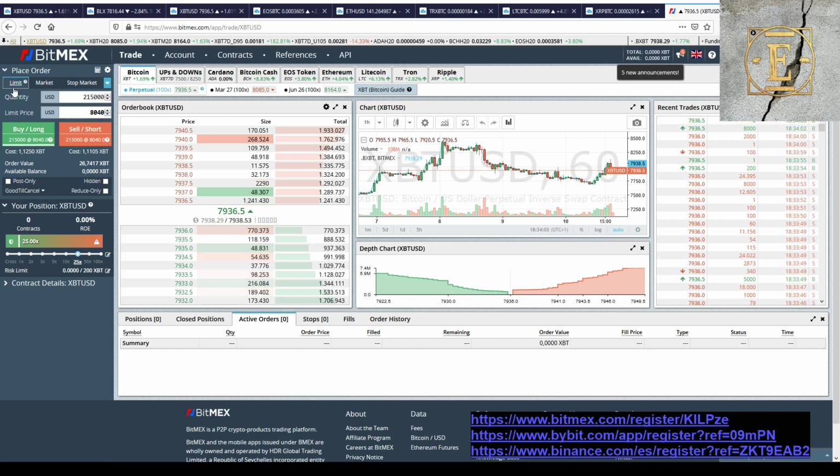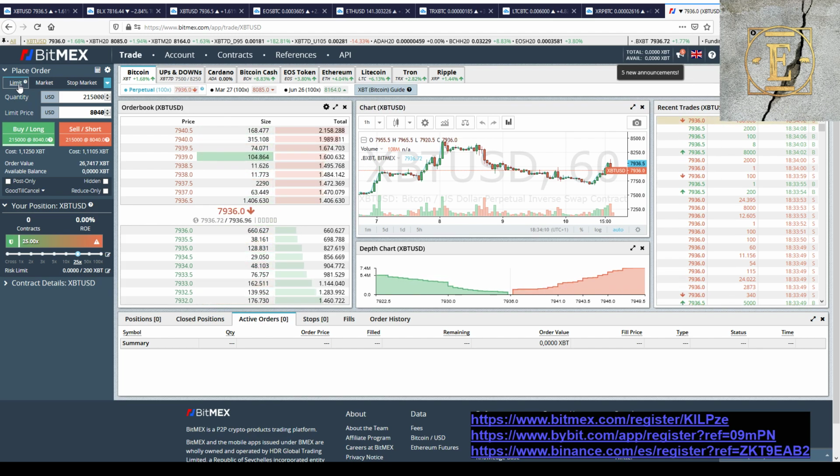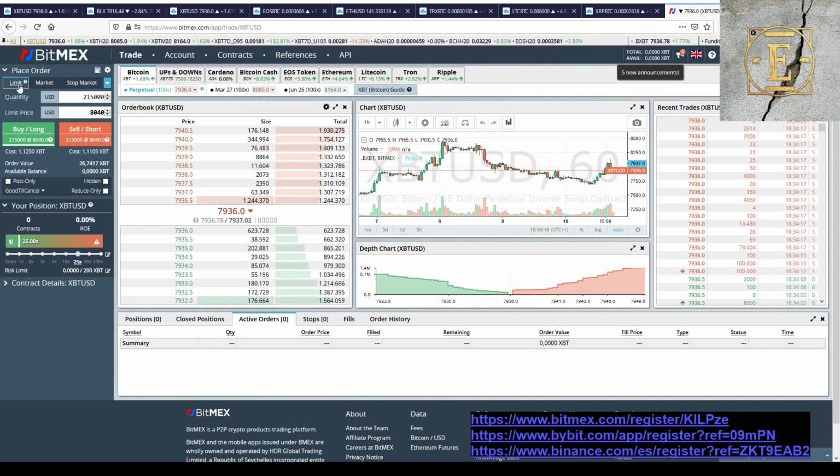Limit orders are related to the maker fees. It's not that you are a maker, but you supply the market, because you put an order.